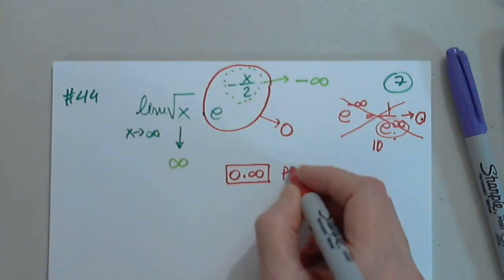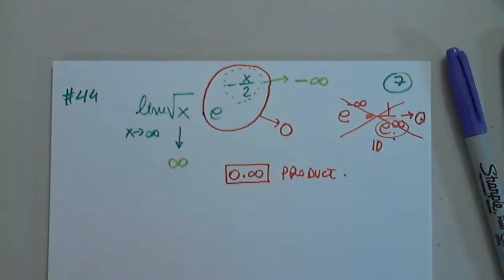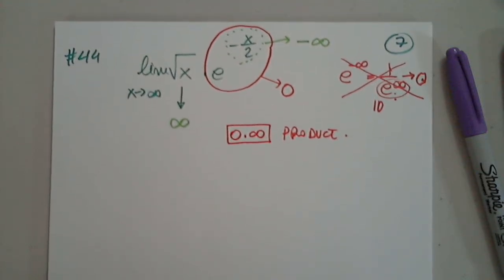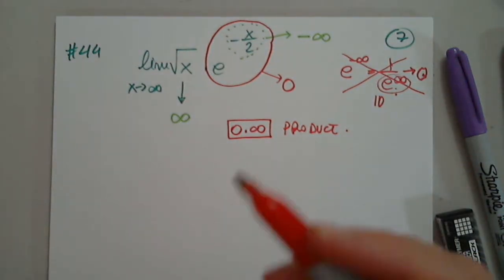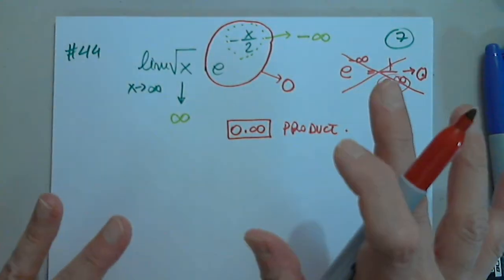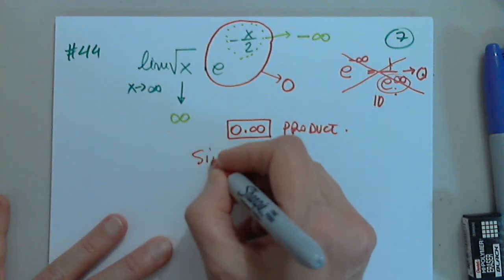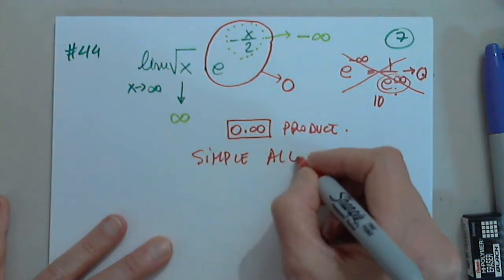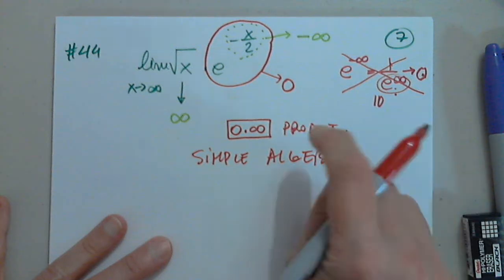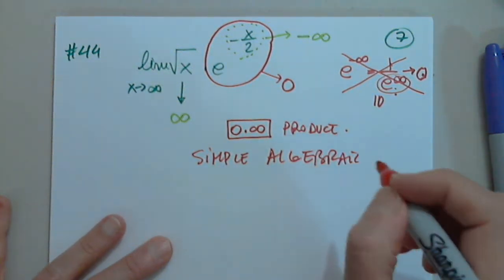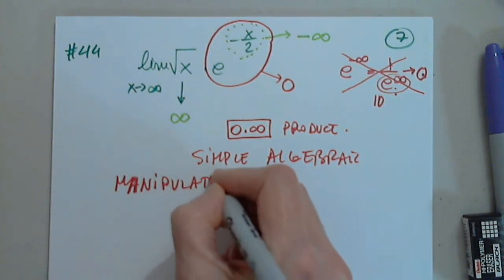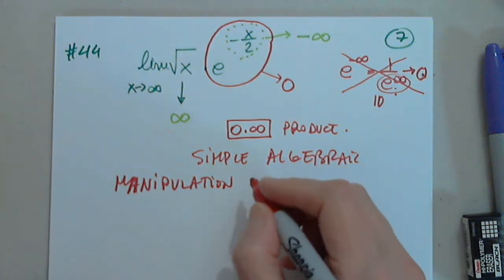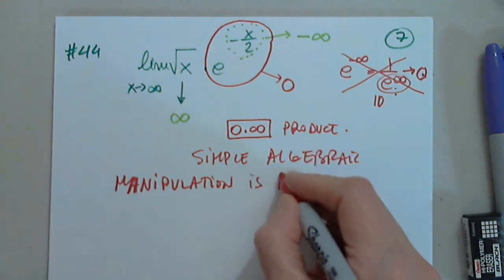So this is a product called an indeterminate product, right? So what do I do with this? In general, I'm not saying that this is a recipe, but for an indeterminate product, a simple algebraic manipulation is going to do the trick, is required.